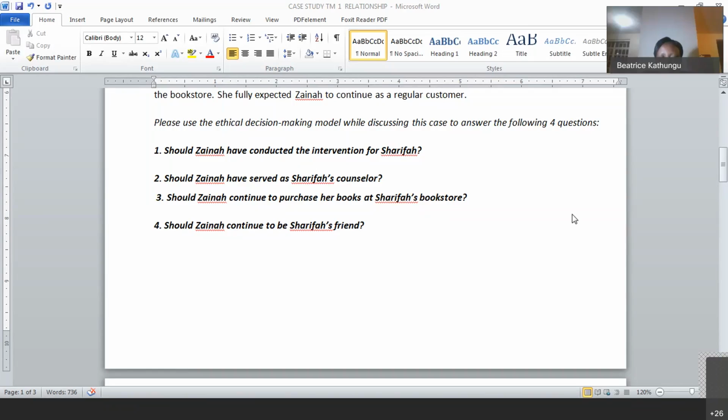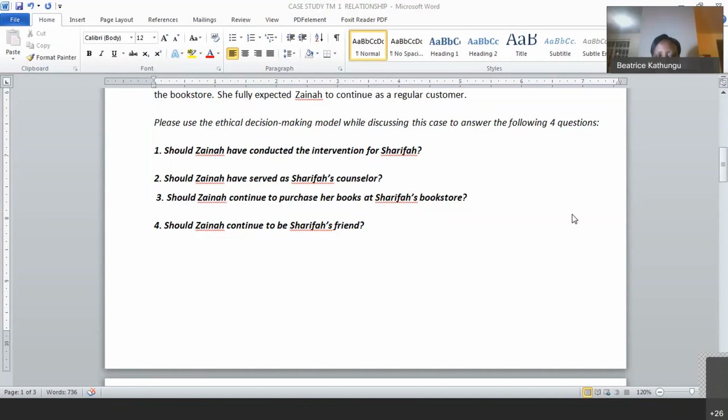So I'm thinking that this is a dual relationship. Zaina should refer Sharifa, but she should let Sharifa know that she's referring her to another professional because of their closeness, because of their relationship.